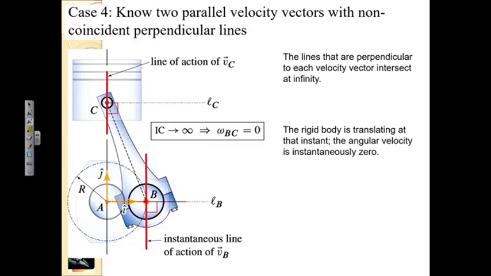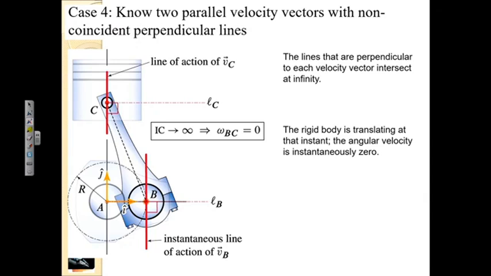I like this one because it's easy. In this case, go back to my blob. Here's A. Here's B.